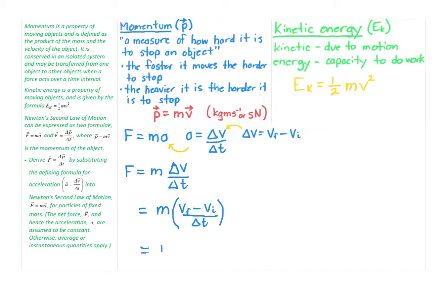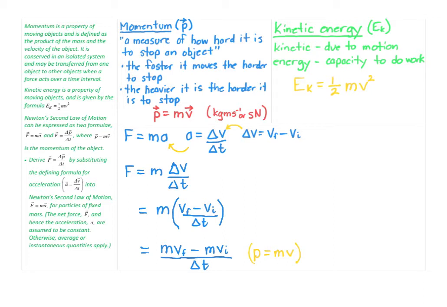And then if we expand that out, we get mVf minus mVi. So force equals mVf minus mVi, divided by delta T. But we know that P is equal to mv.